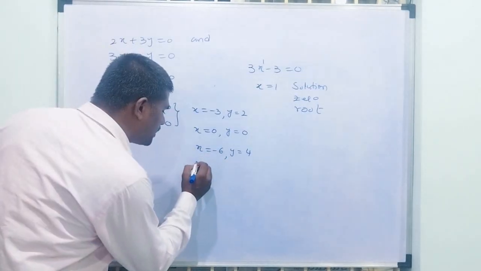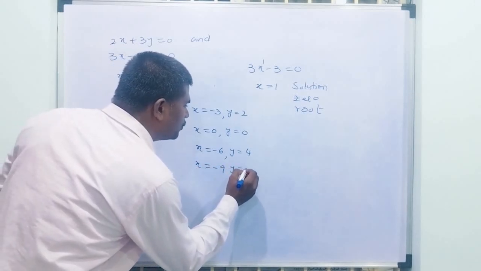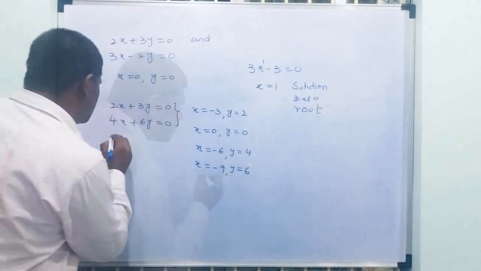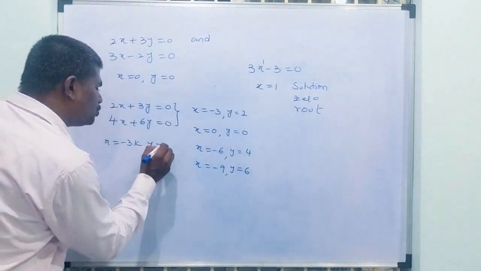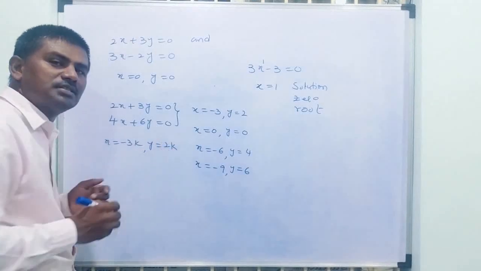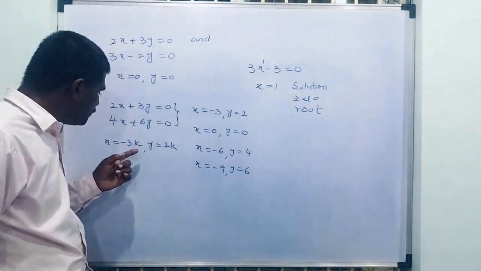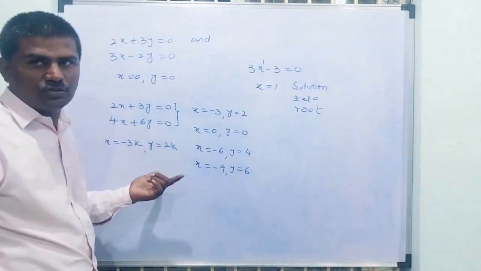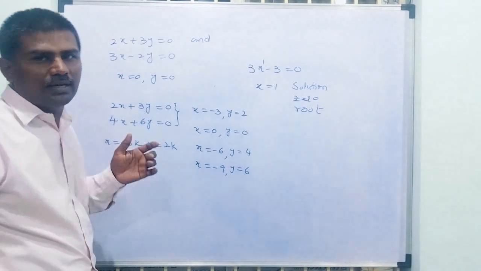And also you can observe that x equal to minus 9, y is equal to 6. x equal to minus 3k and y is equal to 2k are the solutions for these two equations. That means if you put k is equal to 1, it is a solution. k is equal to 2, it is also a solution. k is equal to 3, it is also a solution.